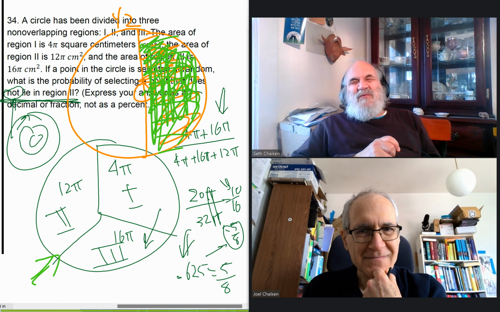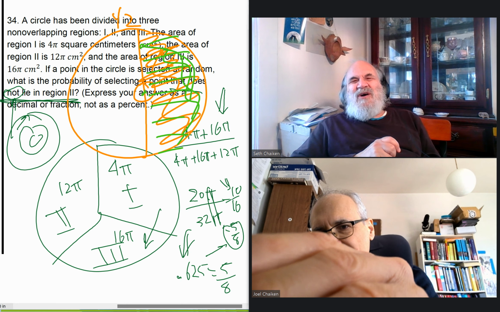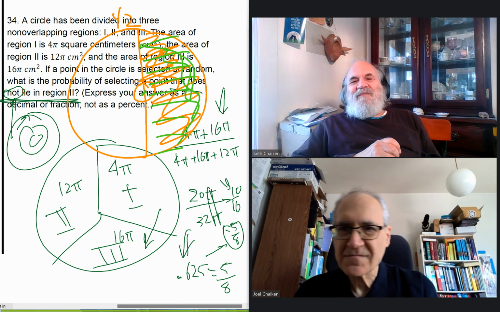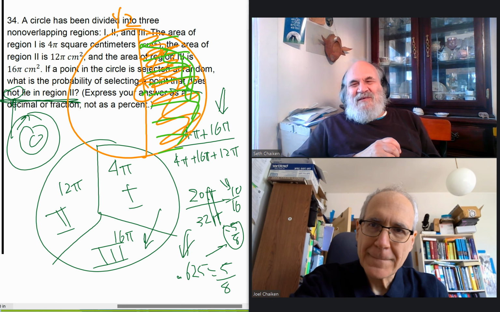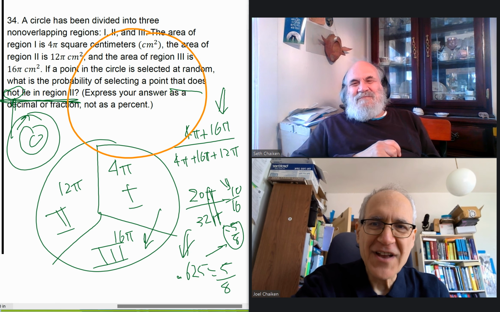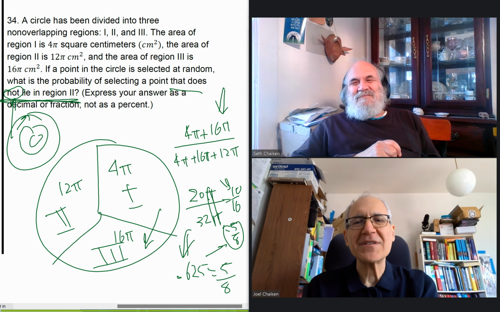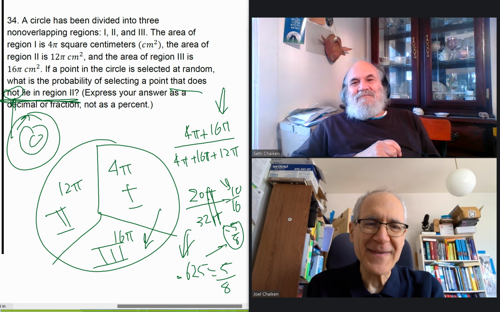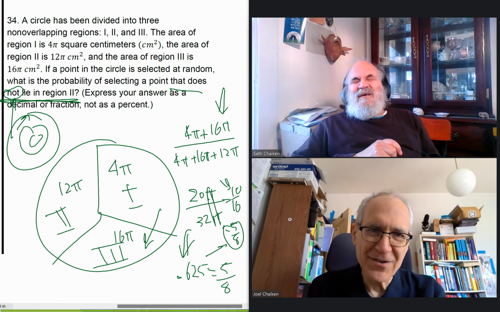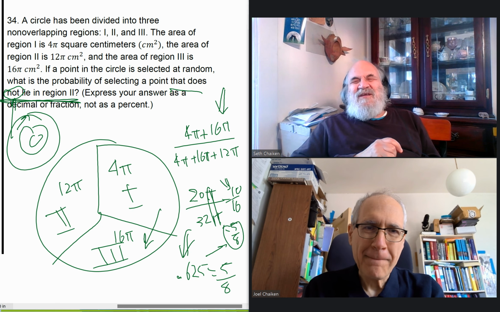Again, what I want to say is that throwing darts or shooting arrows at a circle is not a model for this problem. That's why I'm getting rid of it. Because that's basically saying it's more likely you're going to hit the inner because you're aiming at the inner.